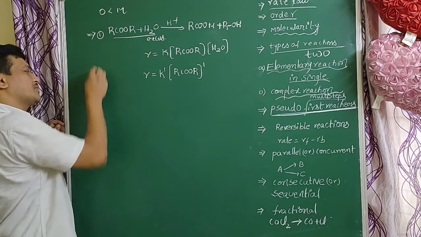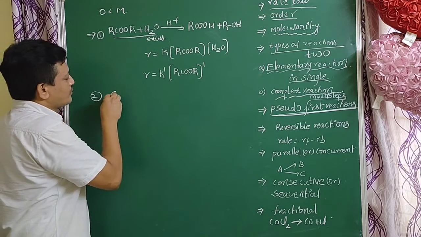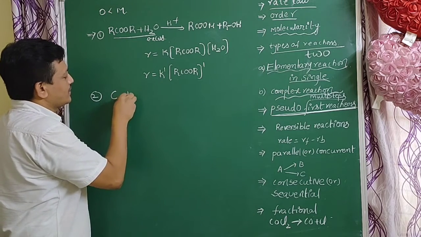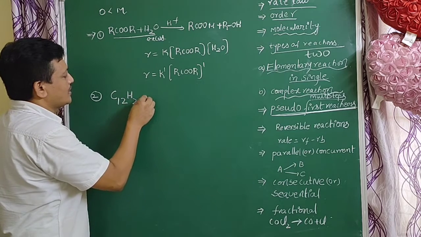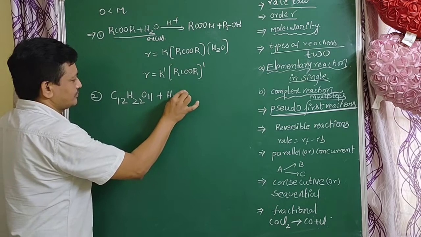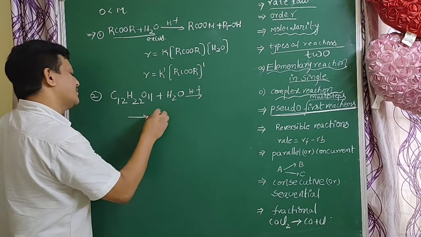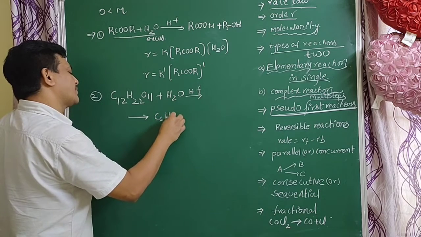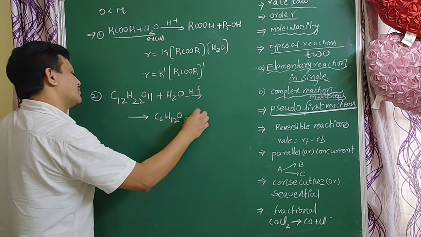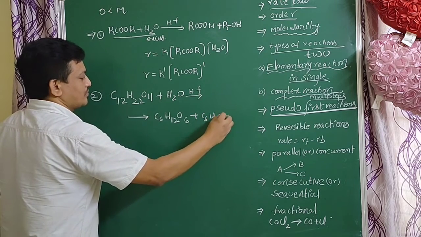One more example. Sucrose, C12H22O11, plus water in presence of acidic medium, that is hydrolysis, gives glucose plus fructose. Both have the same formula.